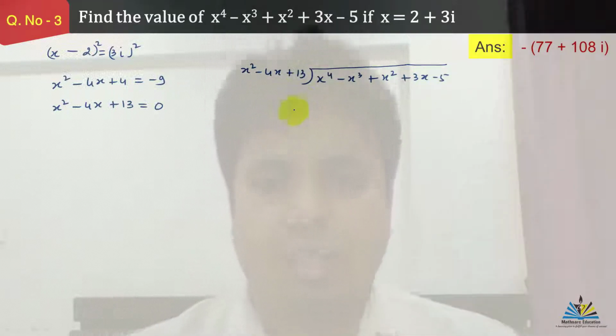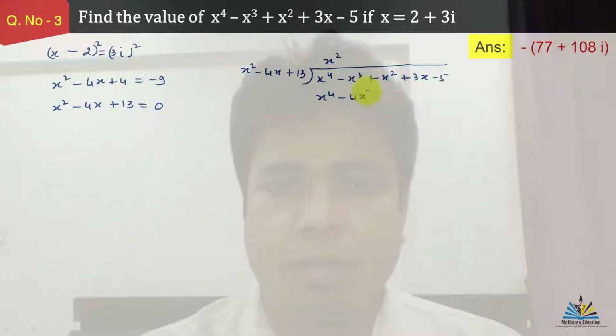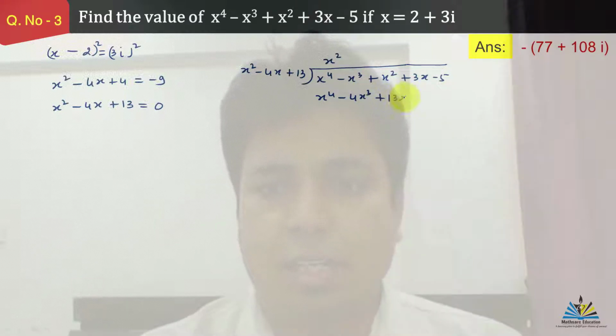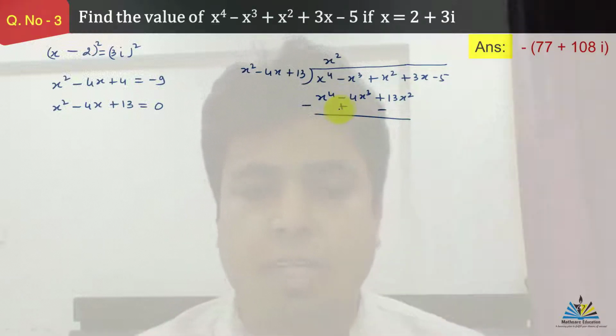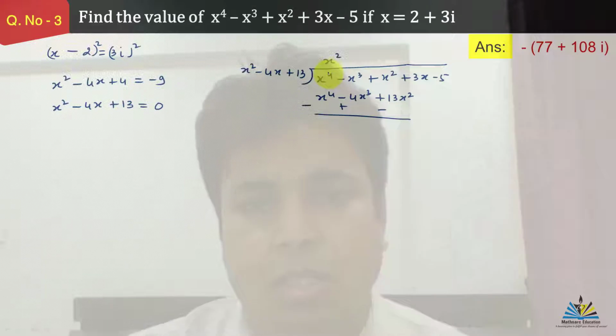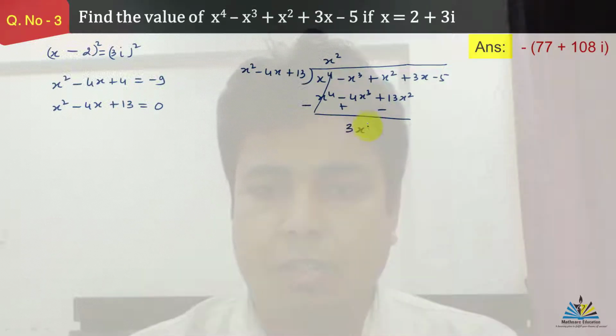First of all, let's multiply it by x square, then we will get x to the power 4 minus 4x cube plus 13x square. If we subtract them, the plus sign becomes minus and the minus sign becomes plus. So this will cancel out. This becomes 3x to the power 3 minus 12x square, and take plus 3x here.